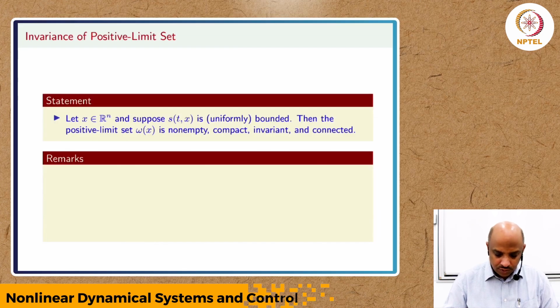So the non-emptiness is quite straightforward, and there are rigorous analysis results that conclude that. Now the more difficult ones are showing that the set itself is closed, and that comes from the continuity of your S of t comma x, and bounded of course is there automatically, right?